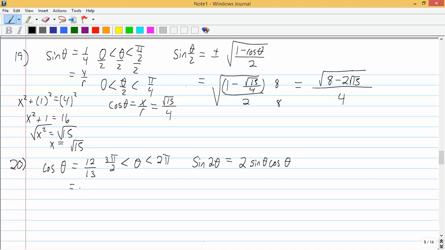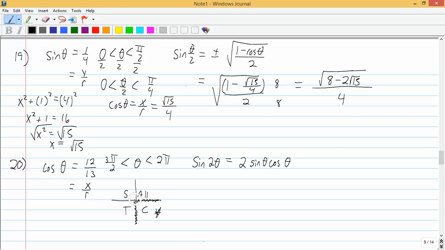So remember, cosine is x over r. Which quadrant are we in? What quadrant is this? All right, that's fourth quadrant. In the fourth quadrant, x's are positive, y's are negative. So to find sine of theta, I'm going to need a y.